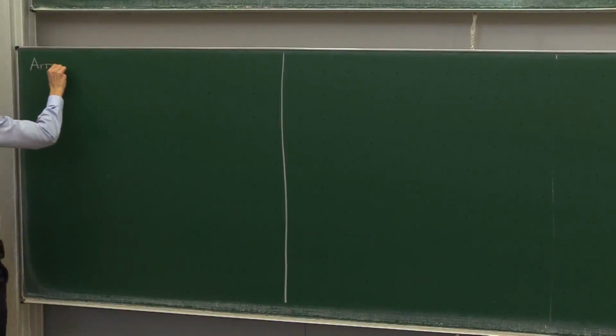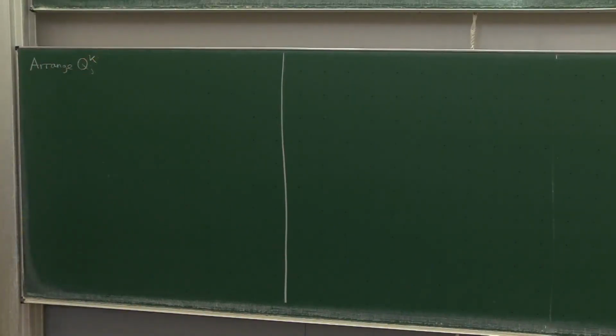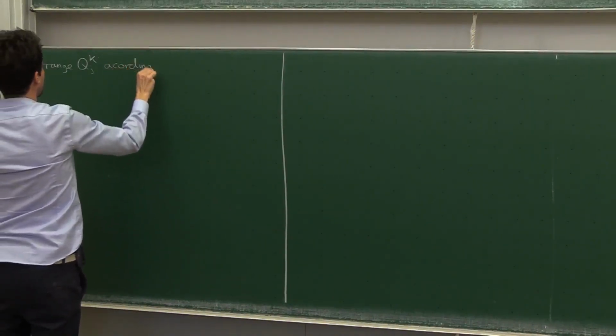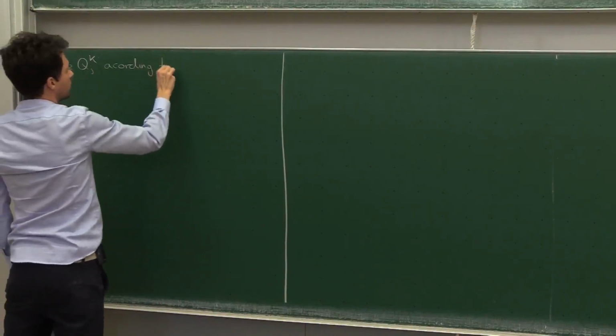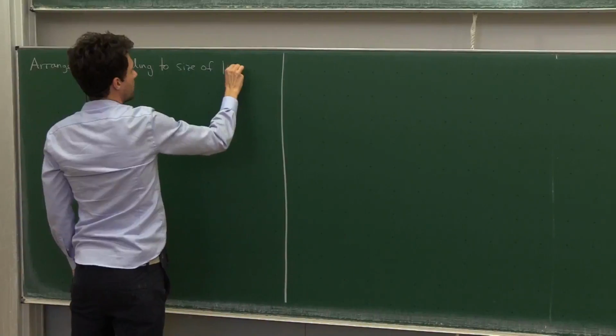And so in order to not create overlap, I have to somehow arrange the cubes Q_jk in a different manner. And I'm going to arrange them according to the size of u_jk.